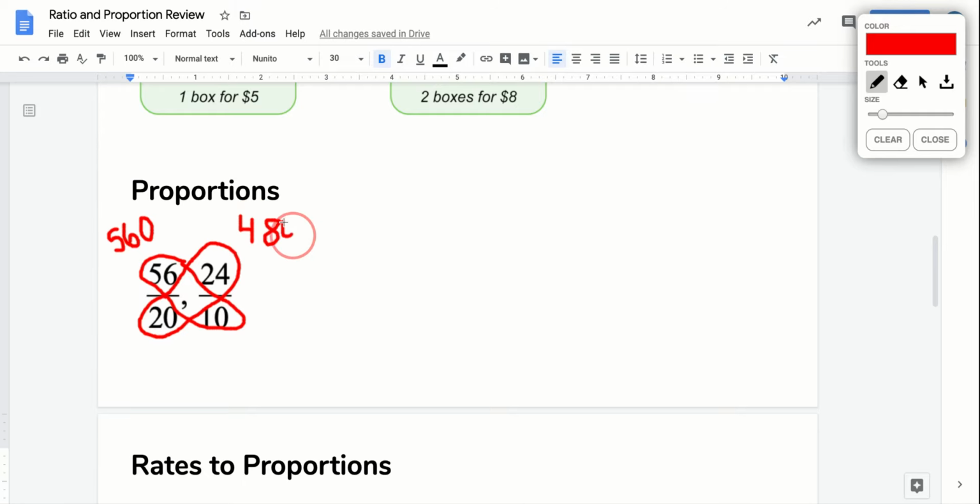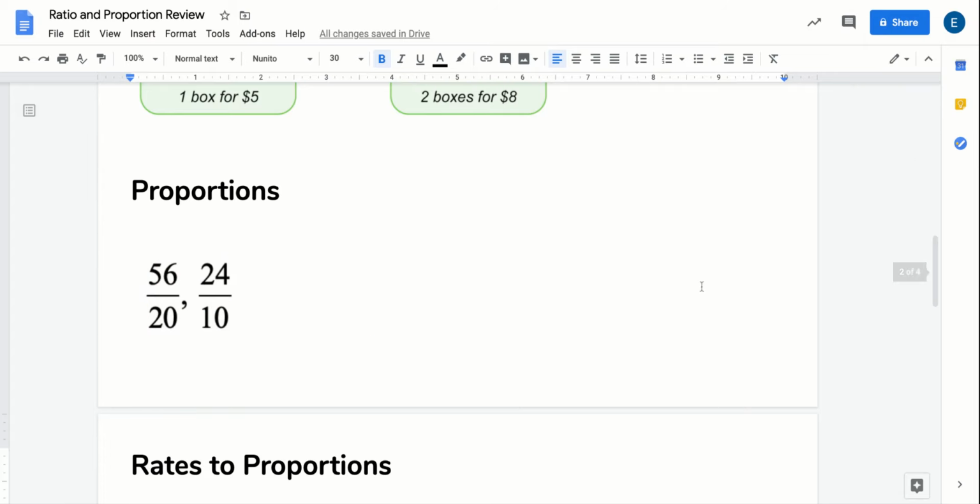So this would be no. They do not form a proportion. When I do their cross products, they are not equal.